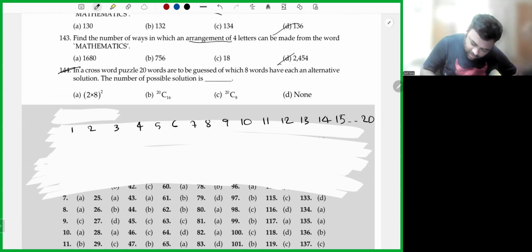In this, 8 words have 2 alternatives each. The balance all have only one alternative.